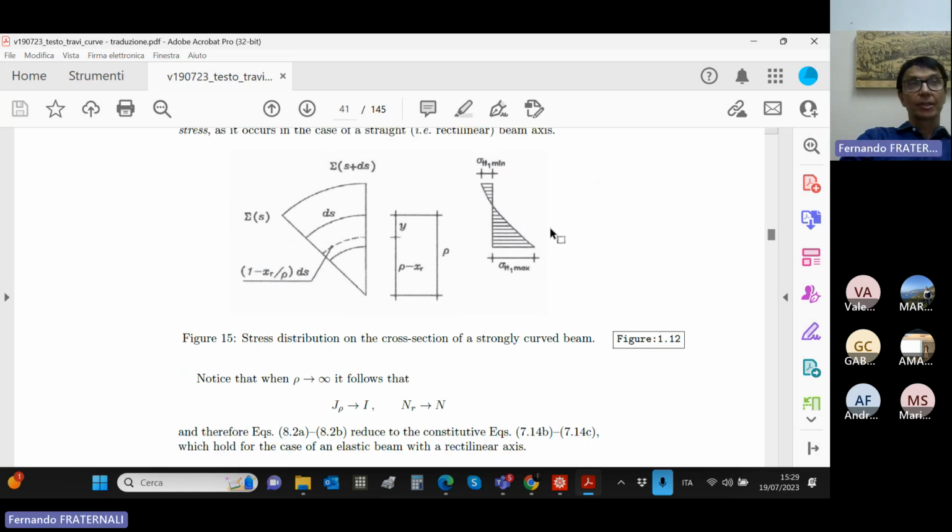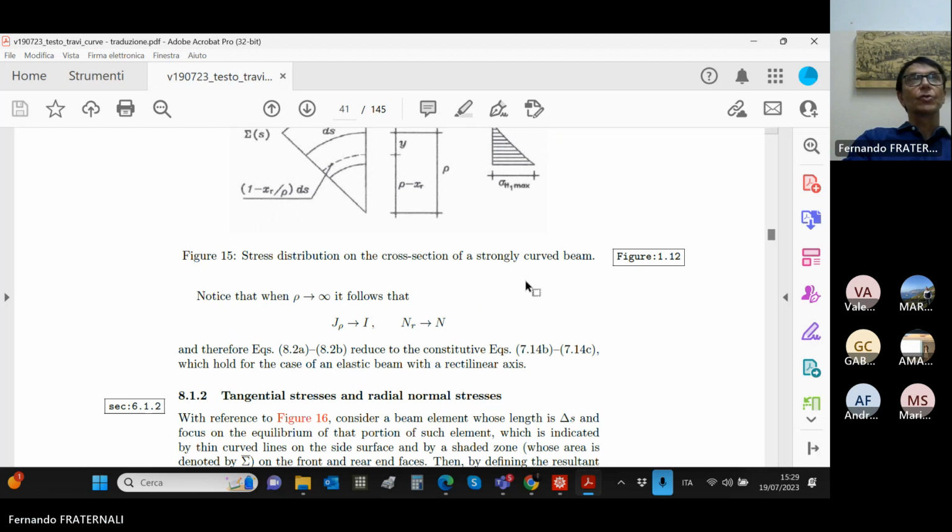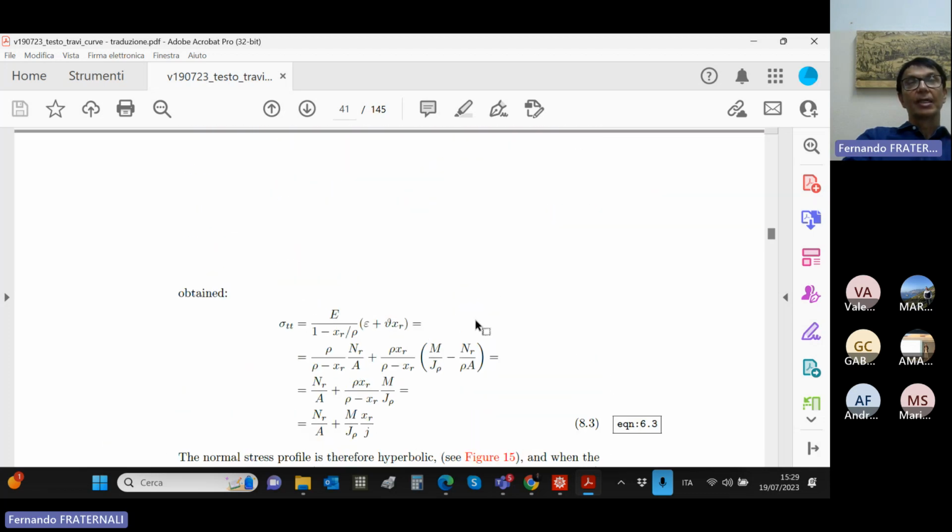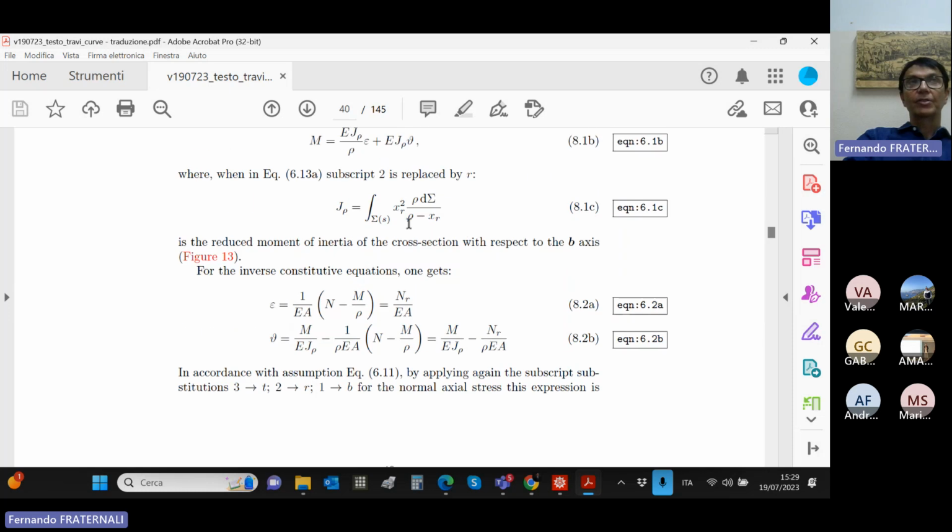But when the curvature is not small, we'll have this distribution of normal stress, and we will see that the error that can be made by assuming the Navier equation for the normal stress can be also 50%, 60%, very large, if the radius of curvature is high. So this is for the normal stress and the constitutive equation associated with the normal stresses.